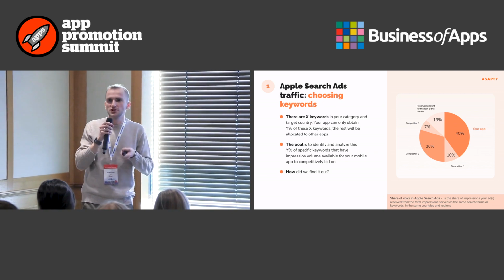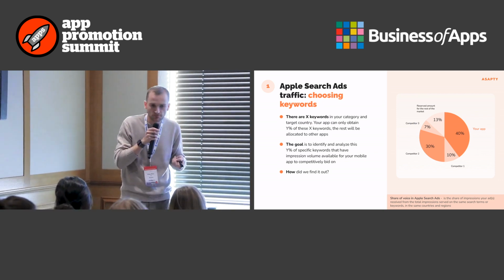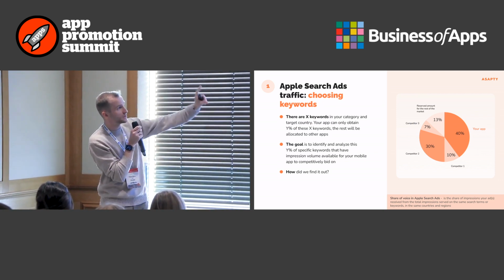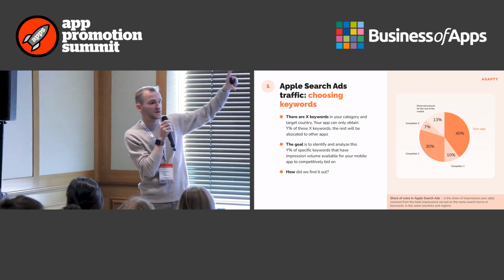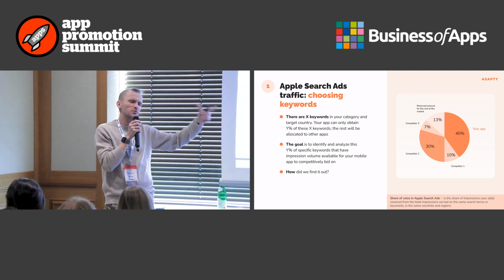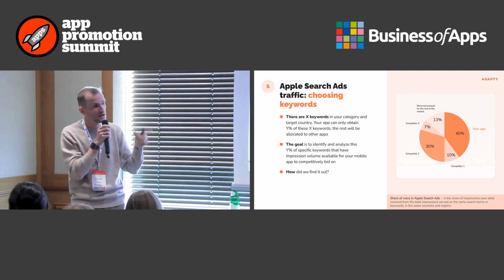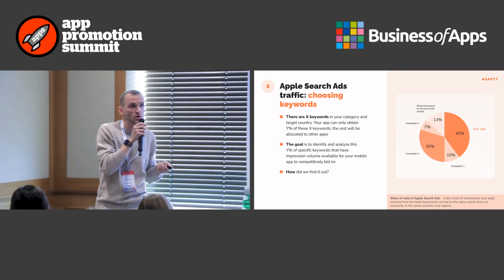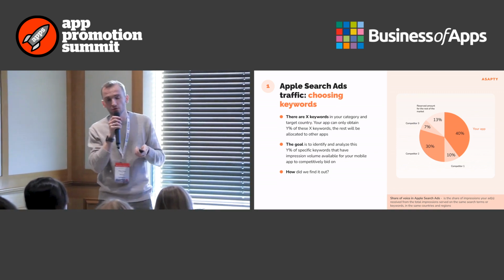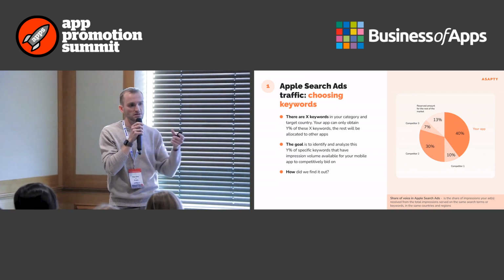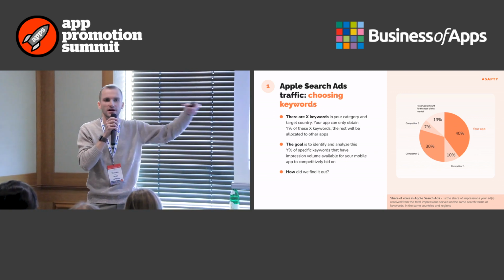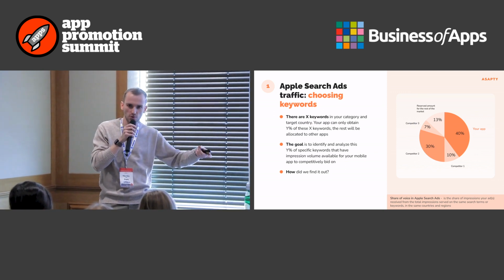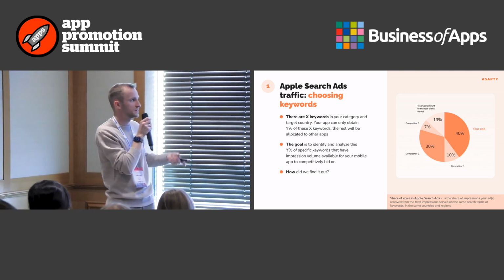You can't have impressions for all these keywords, so you will have some kind of split. For example, if you have 1,000 keywords, you will have impressions for something like 200 or 150 keywords, and the rest of the keywords will be reserved for other apps that come to the auction and also buy these keywords.